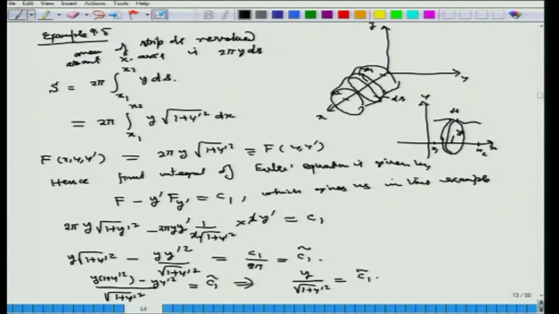So, here again we take a parametric representation.